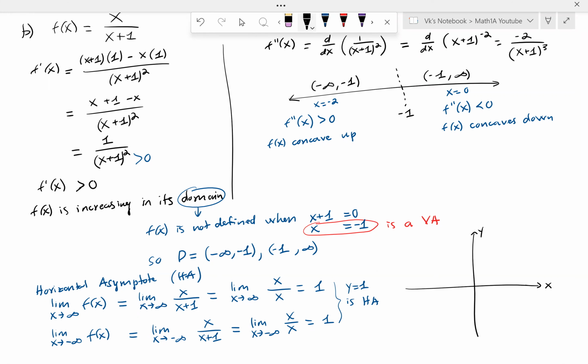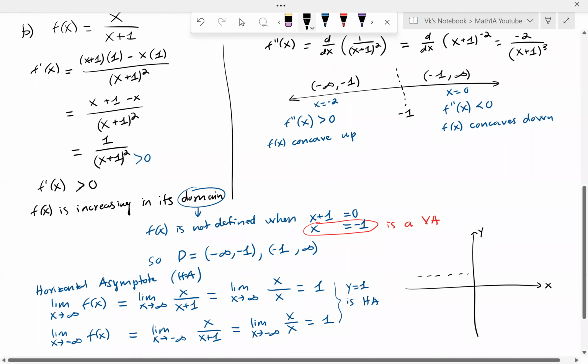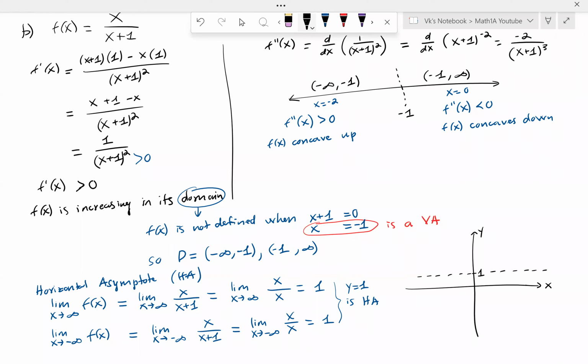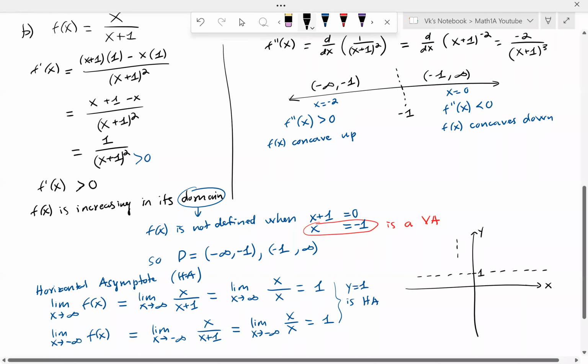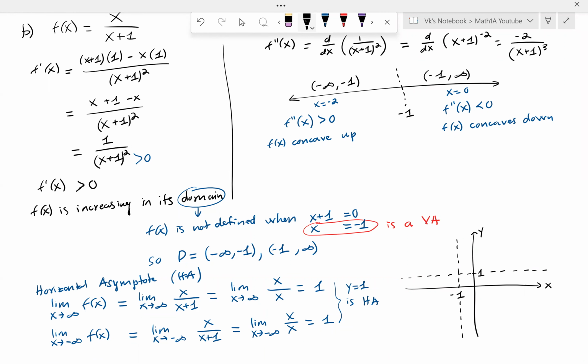X, Y. We have a horizontal asymptote at 1. We also have a vertical asymptote at -1. From negative infinity to -1, the function is increasing and concave up.